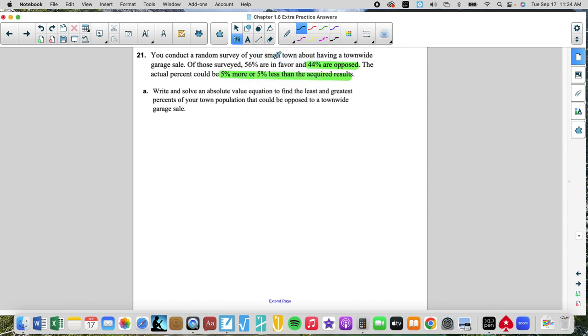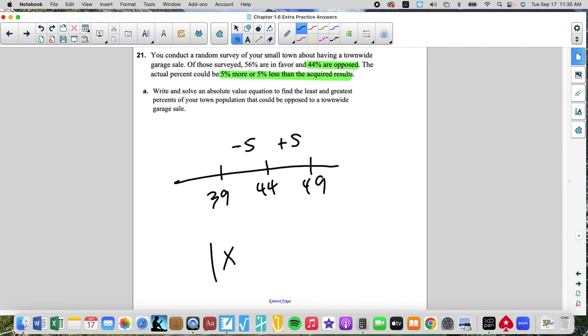If we draw this on a number line, you have 44, and then minus 5 would take me to 39, plus 5 would take me to 49. So that gap is minus 5 and plus 5. And we can think about how we just wrote that equation: the absolute value of x minus 44 needs to be plus or minus 5.